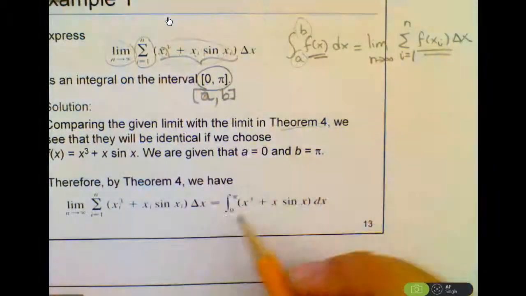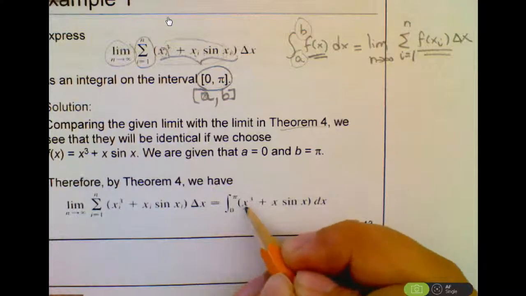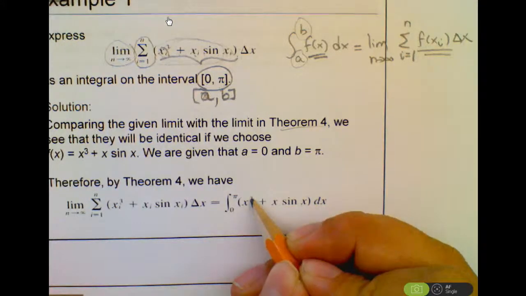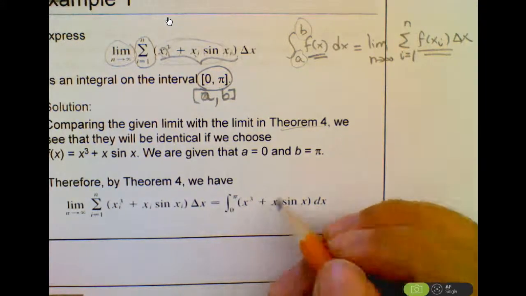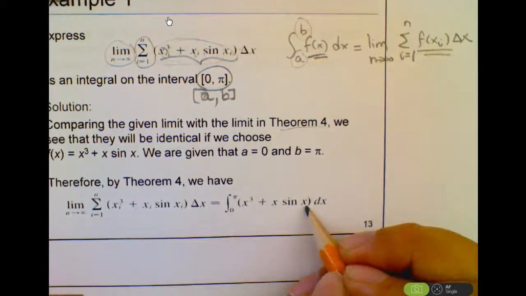So the function that we're going to put inside the integral actually does the same thing. It raises x to the third power and then adds that particular x times its sine.